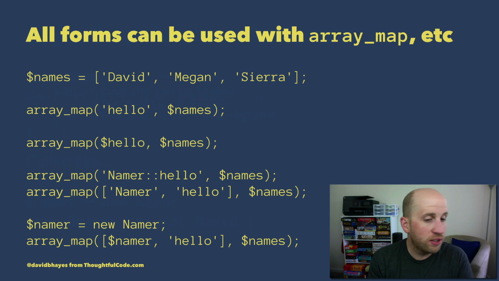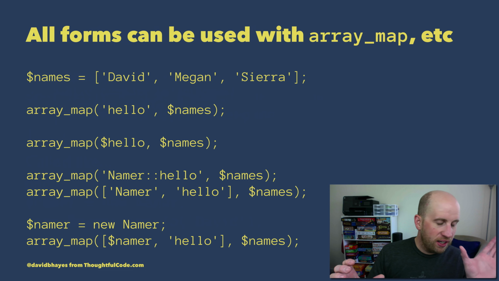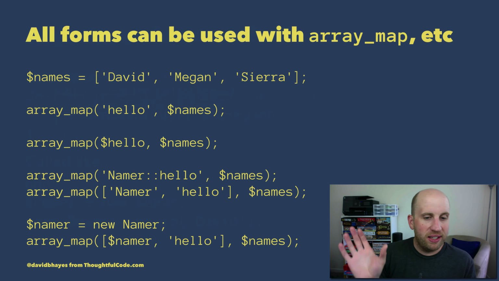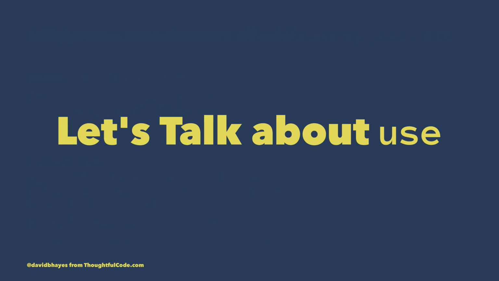If I have a static function, I can pass in a string, or I can pass in an array of the class name and then the static method name. Either one of those calls a static method. And then finally, I can pass in to an array map an instantiated object and the name of the method that I want called on that object with an array. All of those work the same with array map or array filter.